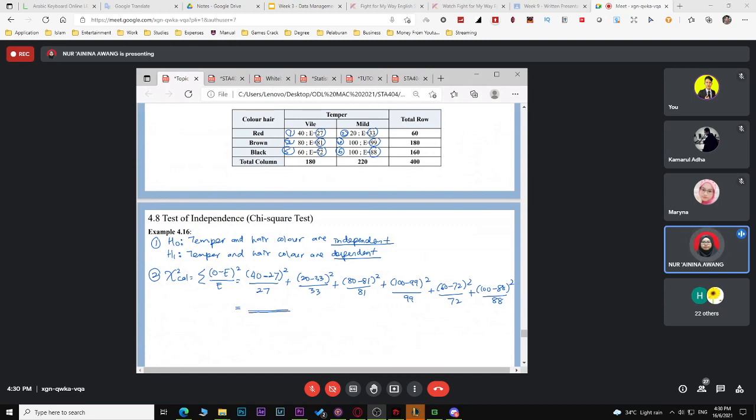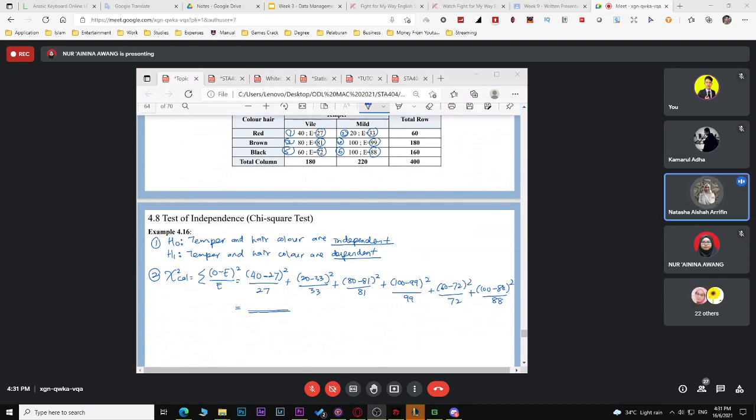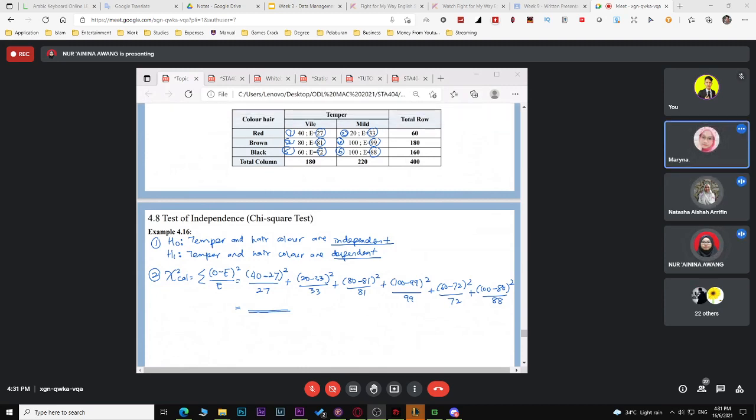You write your value for your chi-square calculated in 4 decimal places. 15.0393.